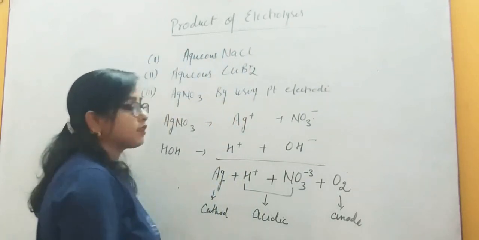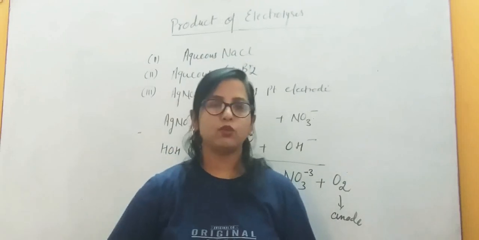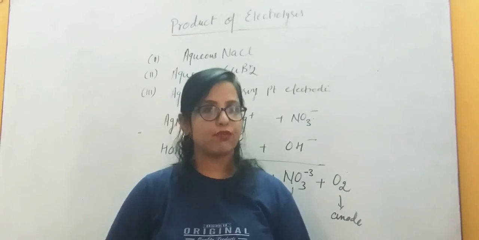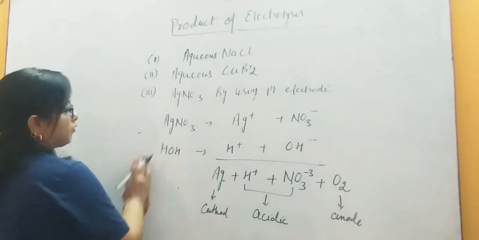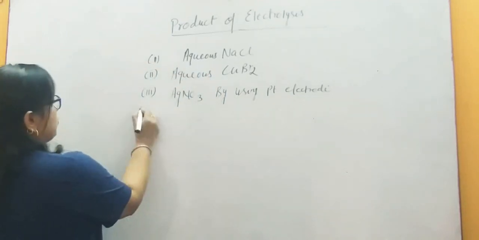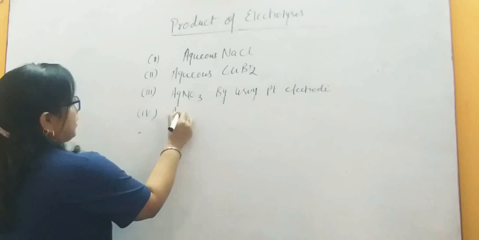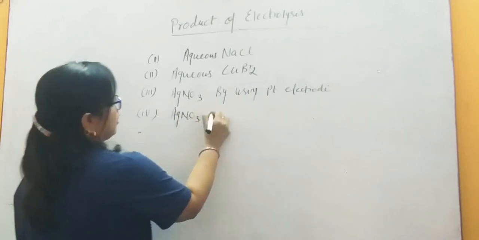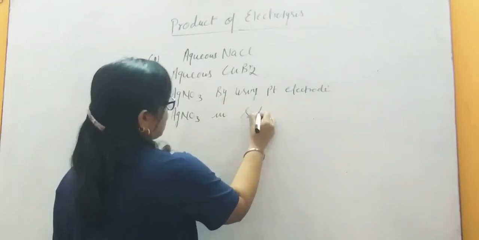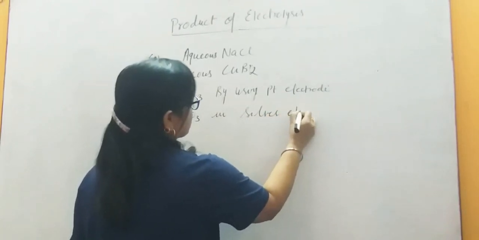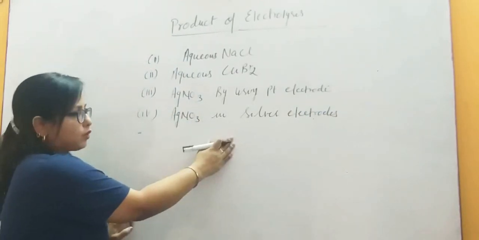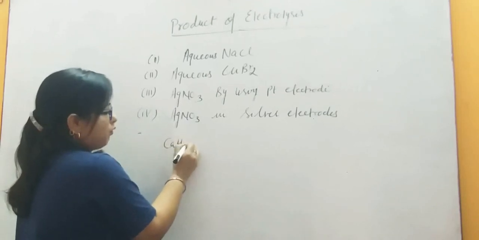But my next example is what happens when we are using AgNO3 with a silver electrode. Now the silver electrode is a working electrode. In this next case, AgNO3 with silver electrodes, at the cathode which reaction occurs?